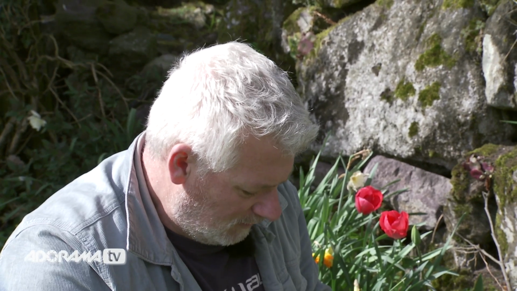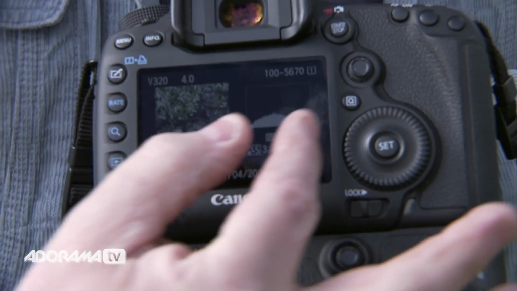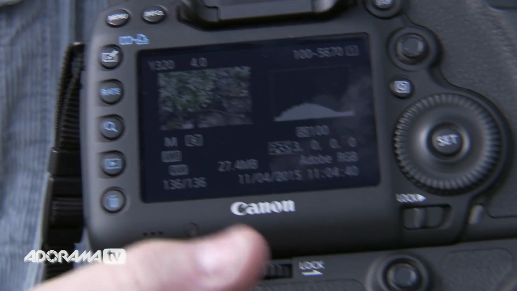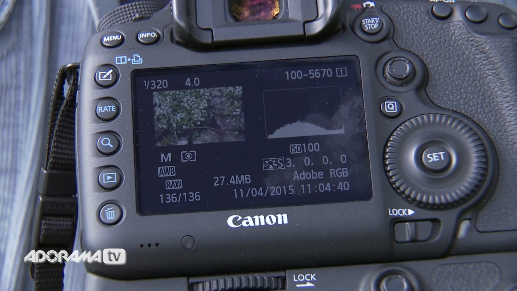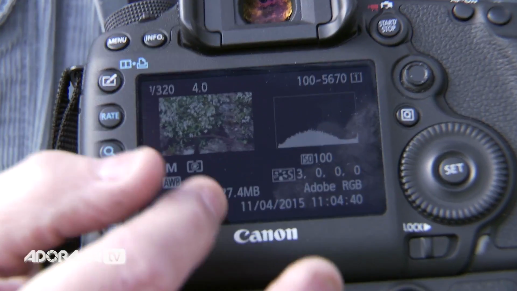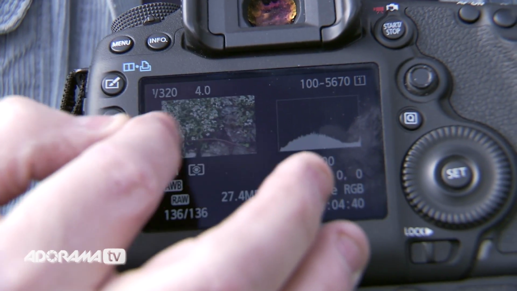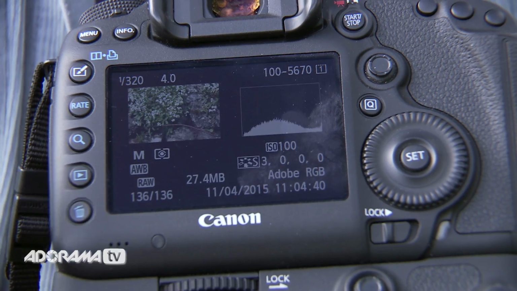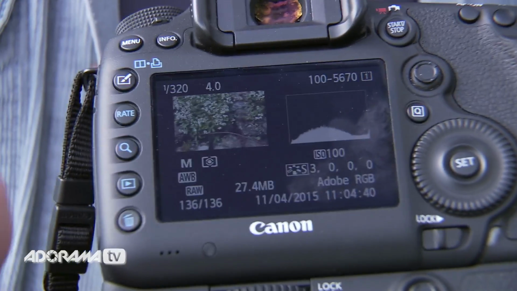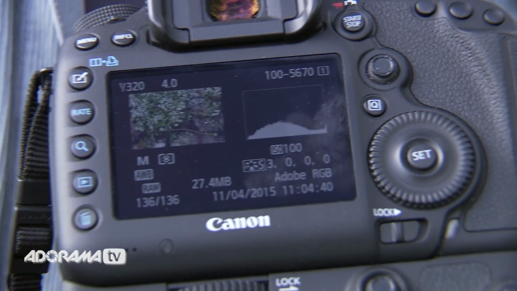So the histogram is a simple graph you can bring up on the back of your camera, and it is more of a technical view of the picture rather than the visual view you get from your viewfinder, which can sometimes be a little bit off, or if it's a really bright day, it's hard to ascertain how well the exposure's looking.